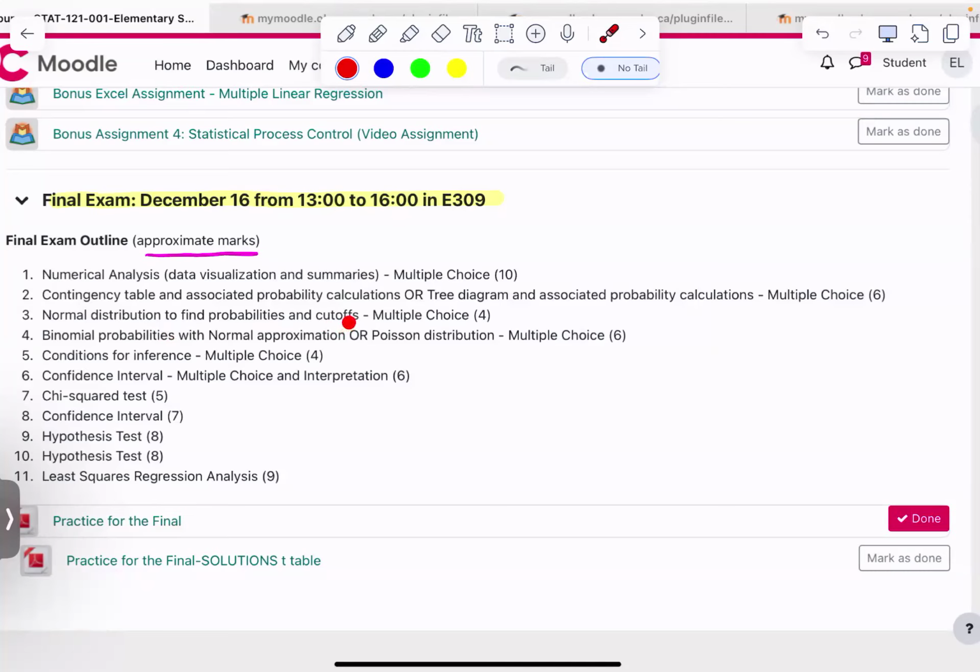From cutoffs, I can find probabilities, or from probabilities, I can find the cutoff, right? Working kind of that way. And so that'll be multiple choice, because those are things that we should have under control now, right? And so kind of quick and dirty.